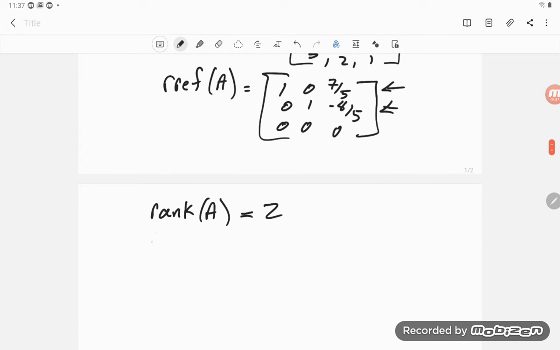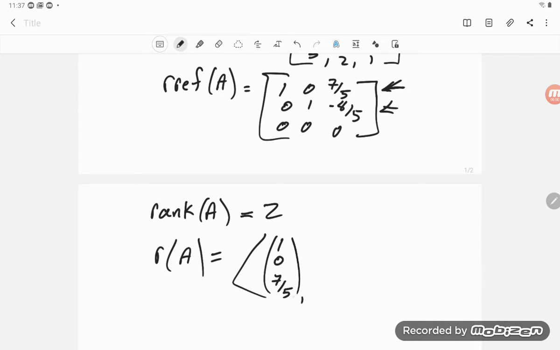And then the row space of A is equal to the span of 1, 0, 7/5, now of course I'm writing these two row vectors as column vectors, and 0, 1, -8/5.